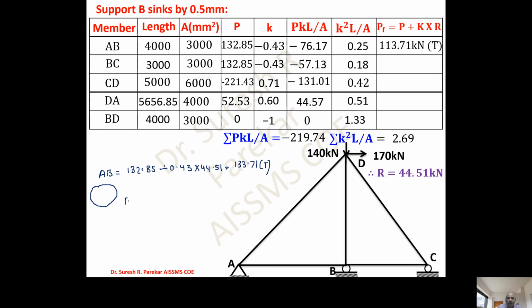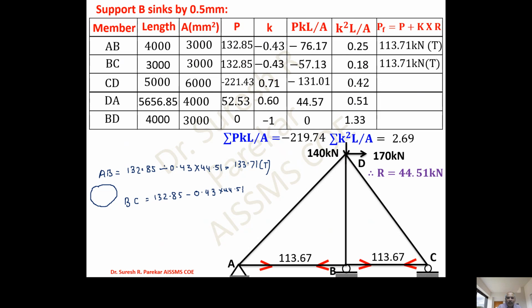Then if we go to BC, we have BC equal to 132.85 minus 0.43 into 44.51. We have the same value, that is tensile.